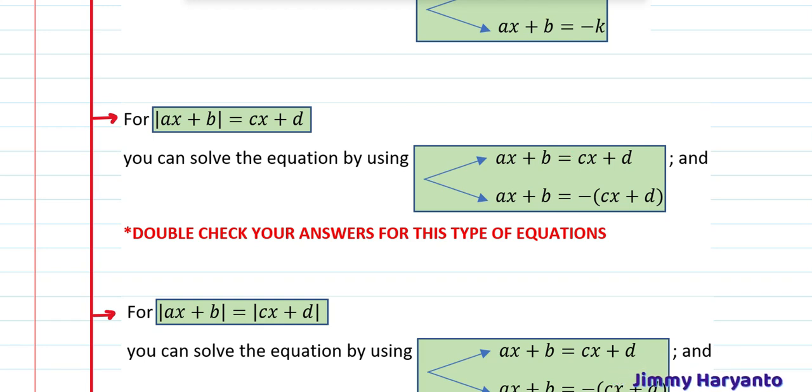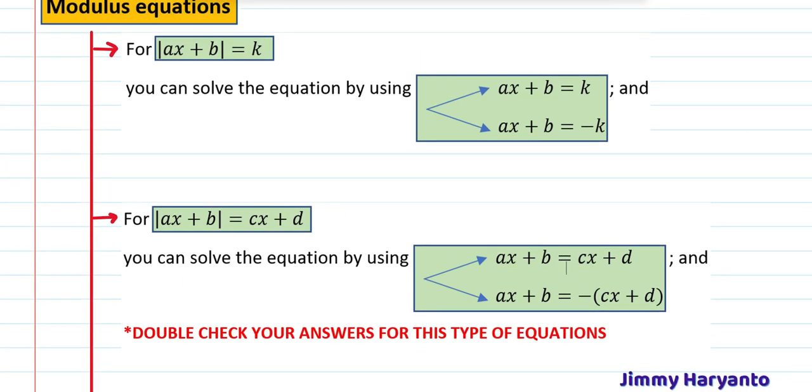But this time you have to double check your answers for this type of equation, just to make sure that your answer is correct and the equation is valid. In the first type of equation, the answers that you get will always be valid.